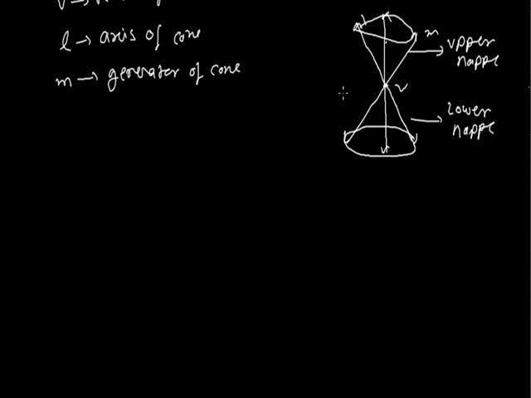Suppose a plane like this intersects the upper nap and makes an angle beta with the axis. Suppose this angle is angle beta.